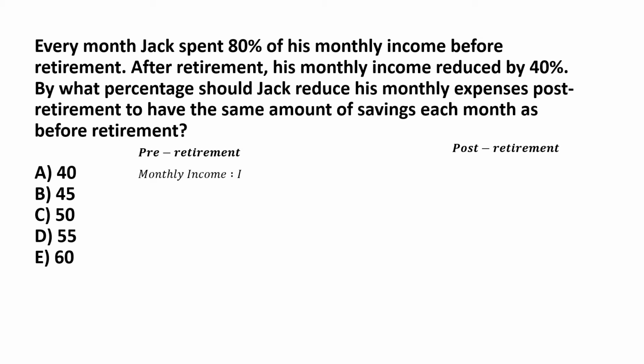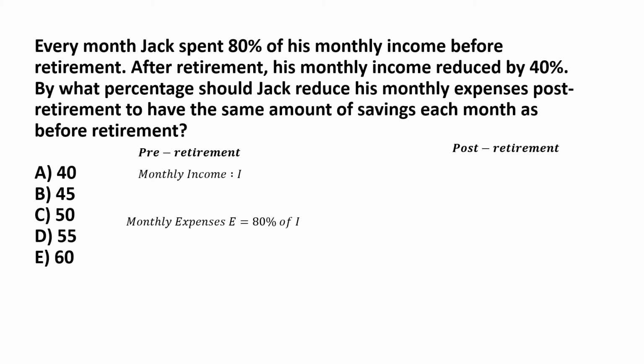So let the pre-retirement monthly income be I, and then the monthly expense pre-retirement is E, and that's given as 80% of I, 80% of his income, right? That was his expense, the amount he used to spend each month before retirement.